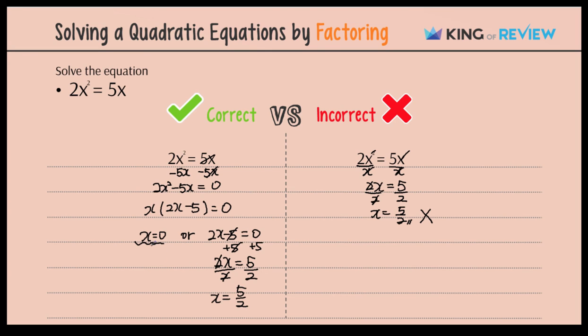Therefore, the solutions are x equals 0 or x equals 5 halves. We see that one solution, x equals 0, is lost when the original quadratic equation is divided by x. So please remember to put the equation in standard form first and then factor.